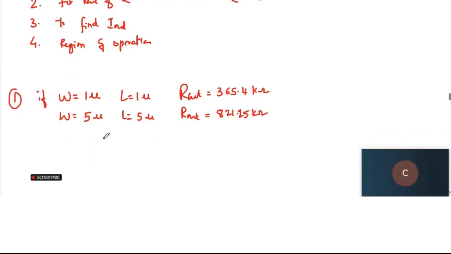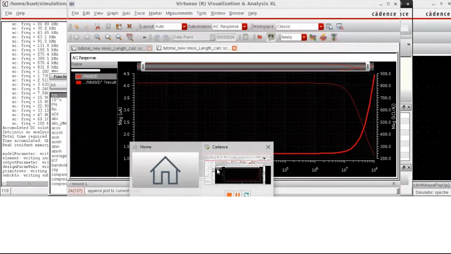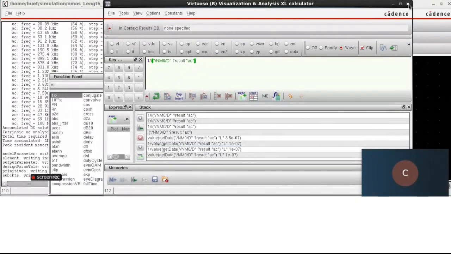Now let us try to see, for example, we'll consider this case only. If W is 1 micro and L becomes 5 micro, will that have a dependency and will that reach somewhere over here? Let's try to look into that. So let's try to minimize this.